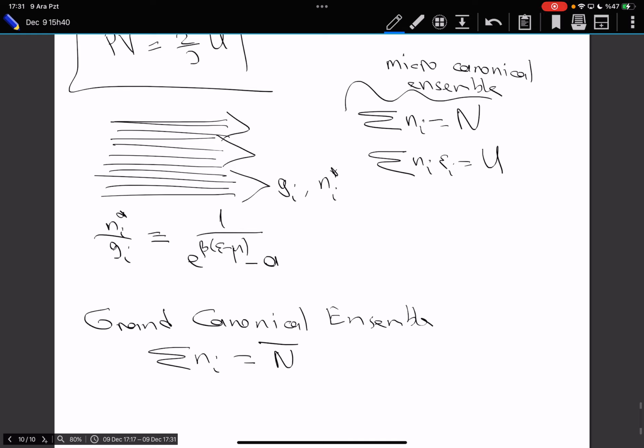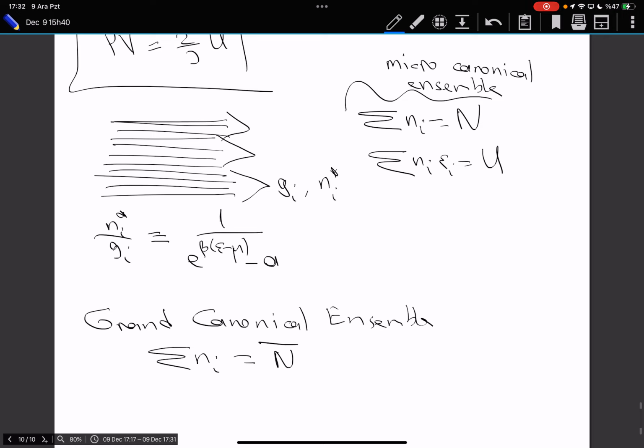Well, the number of particles in the grand canonical ensemble can be infinite. The probability of me having infinitely many particles in my state will be negligibly small. But still, in principle, there's nothing that prevents me from having infinitely many particles in my system, because this number is not fixed.